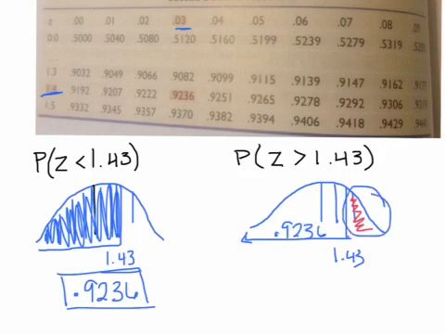How would I find this? I would take the total, the entire thing, which is 1, and subtract the 0.9236, and that will give me the information to the right. So to the right would be 0.0764.